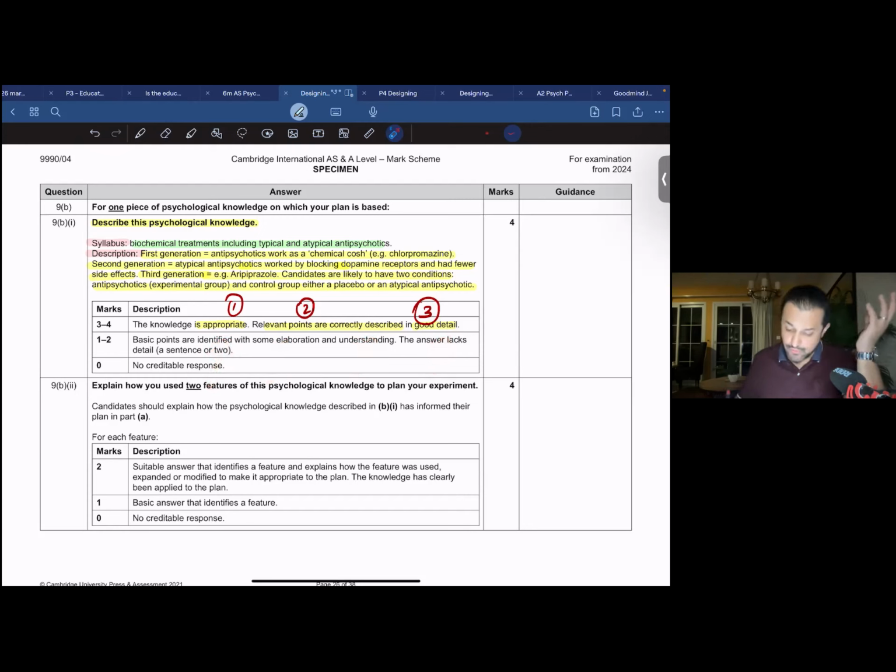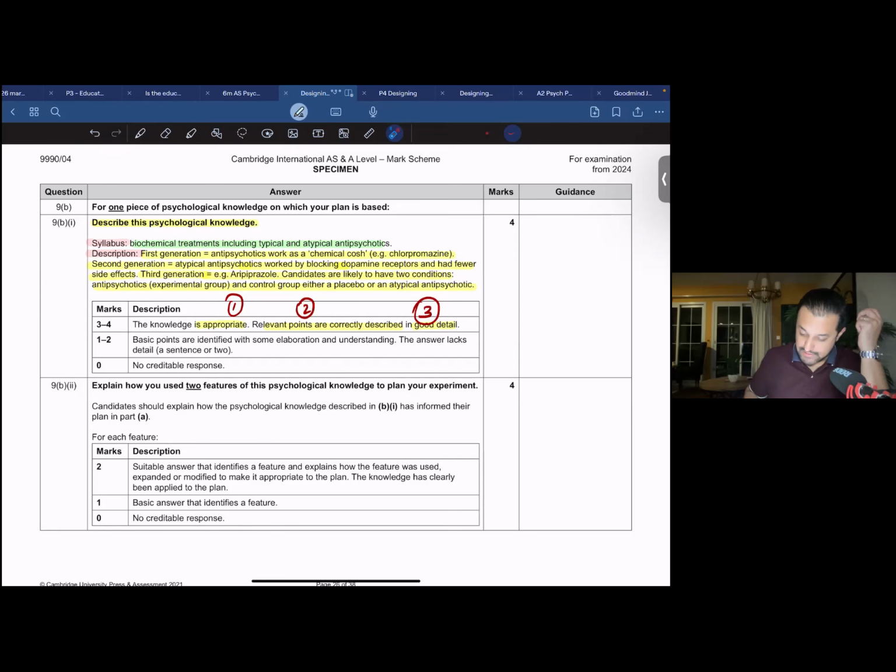You might as well read the other marking levels as well so that you have an idea as to how you'd be graded. I'd like to reiterate, 4 mark question, write down at least 4 points. It would be better if you're able to put 5 to 6 points as well, just to be safe.